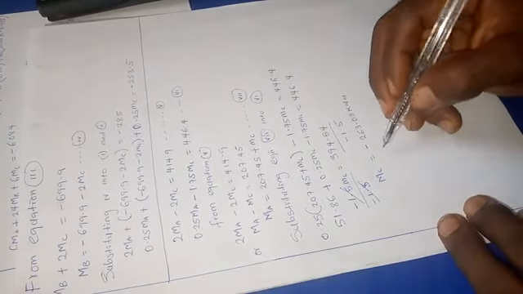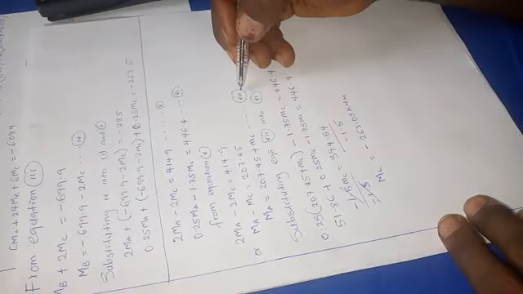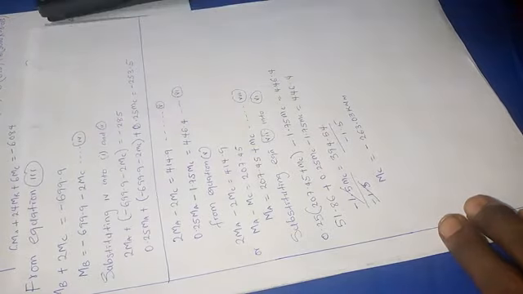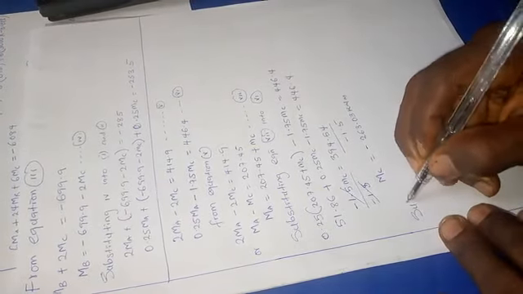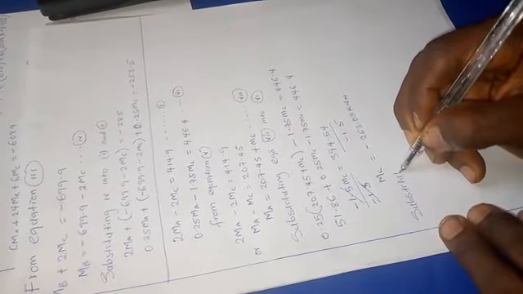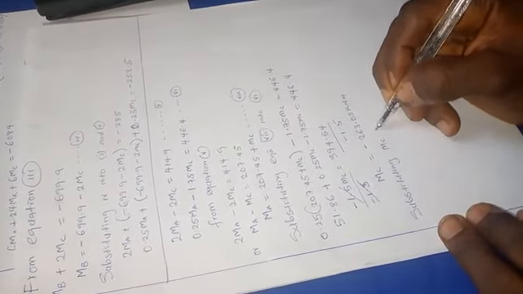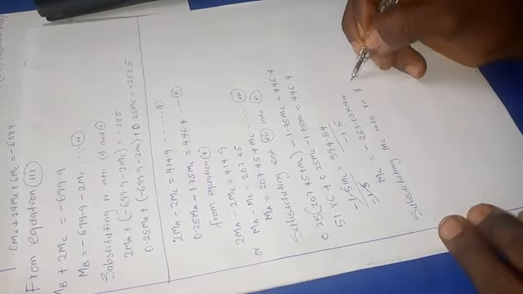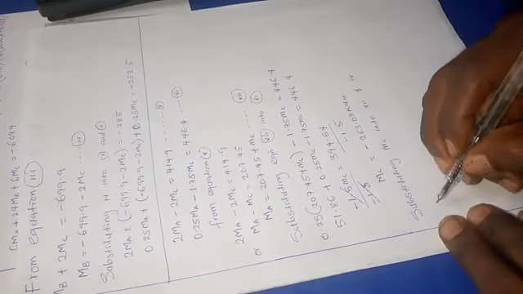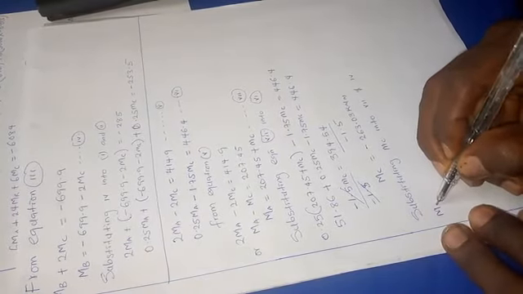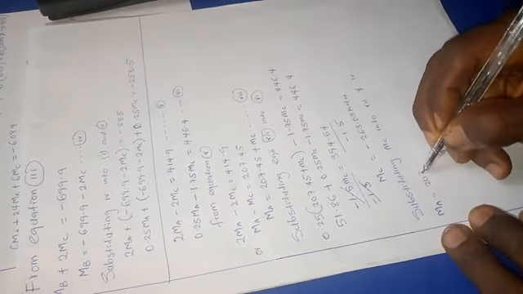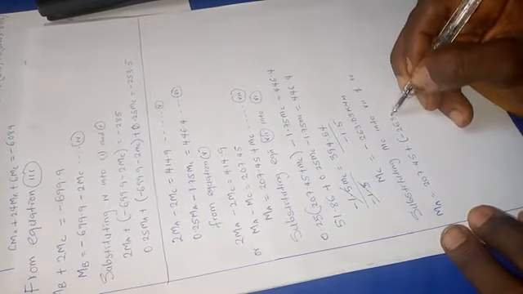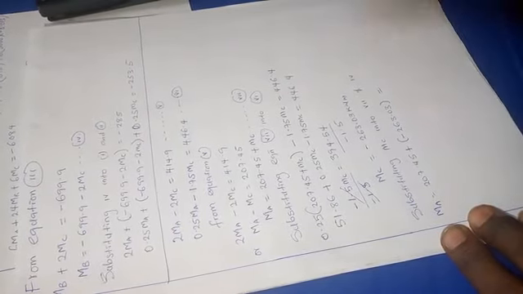We can now substitute our MC into equation 7 and into equation 4. Substituting MC into equation 7, my MA would be equal to 207.45 plus minus 263.03.